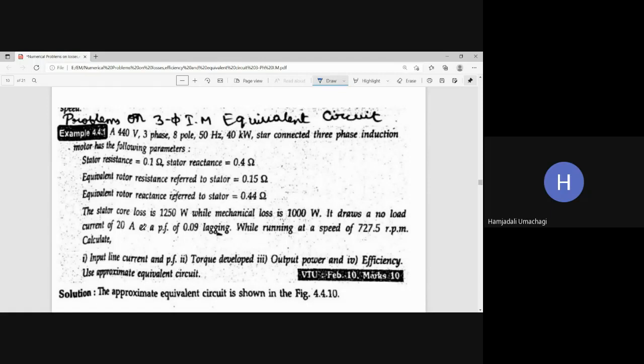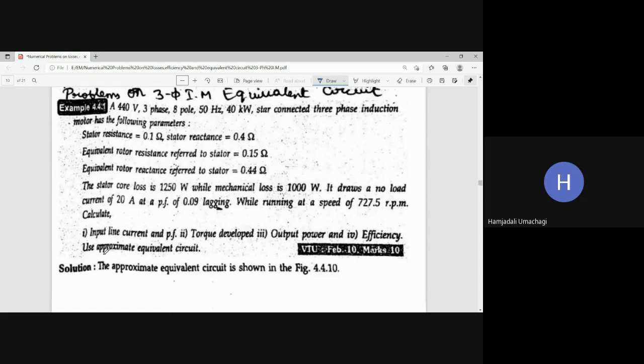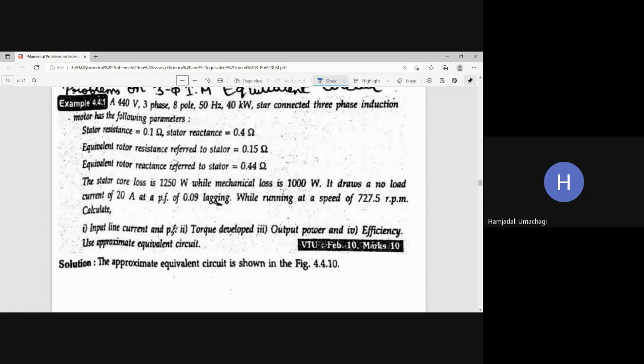The no load current is 20 ampere at a power factor of 0.09 lagging, while running at a speed of 727.5 rpm. Calculate first the line input current and power factor, then the torque developed, then the output power, then the efficiency. After calculating all these parameters, we should draw the equivalent circuit and substitute all the values there.